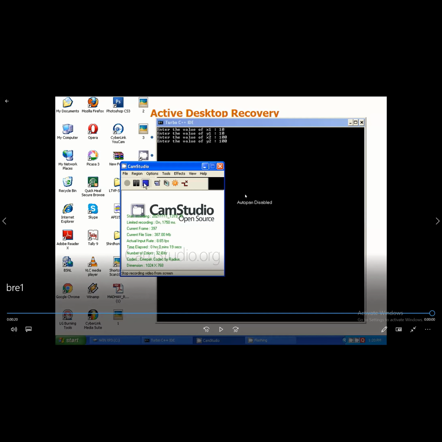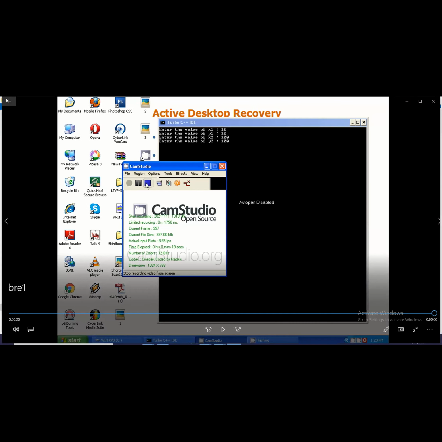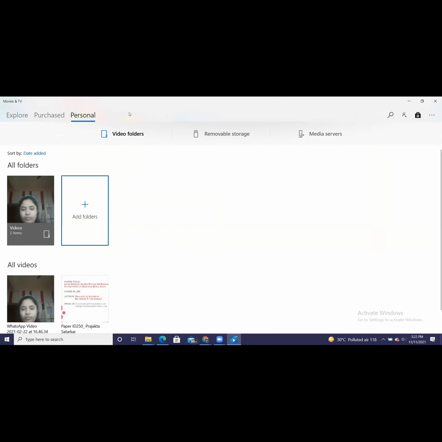Whenever I run this program, I will be getting the output.